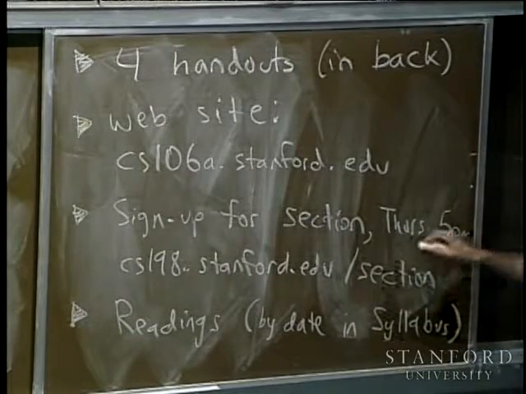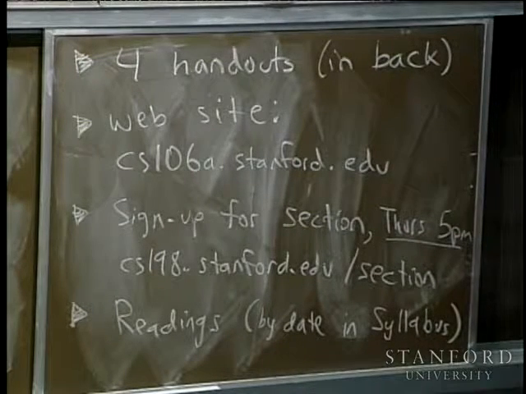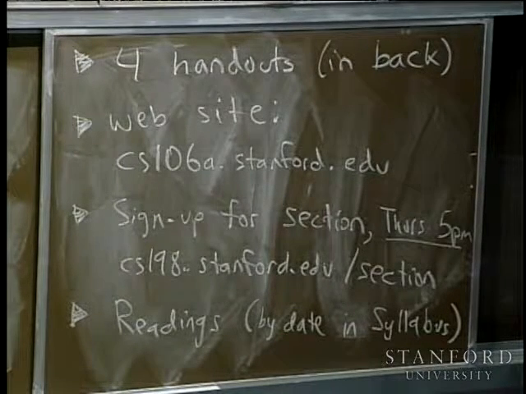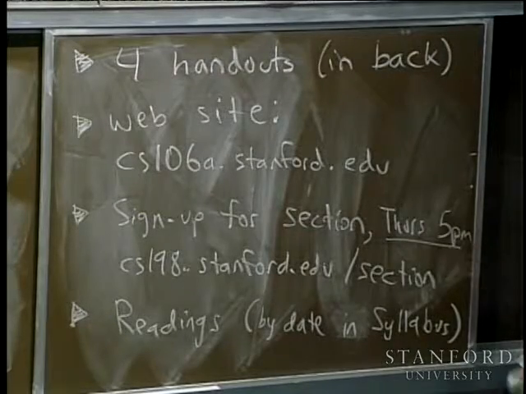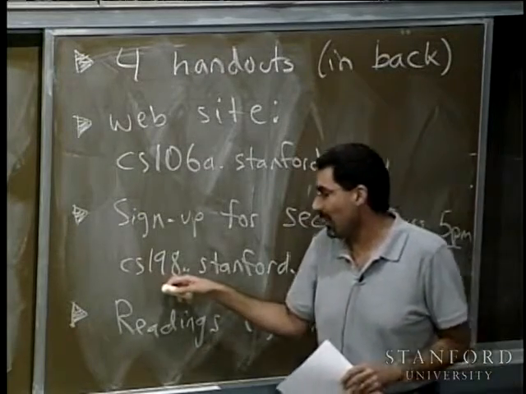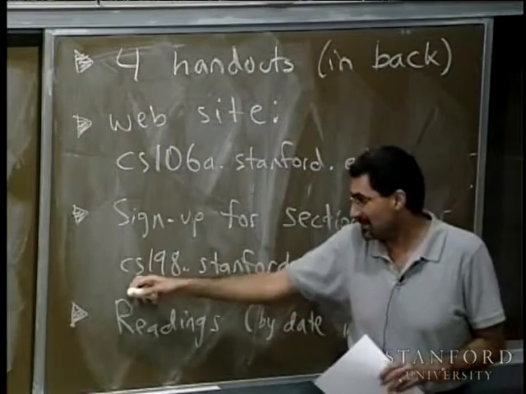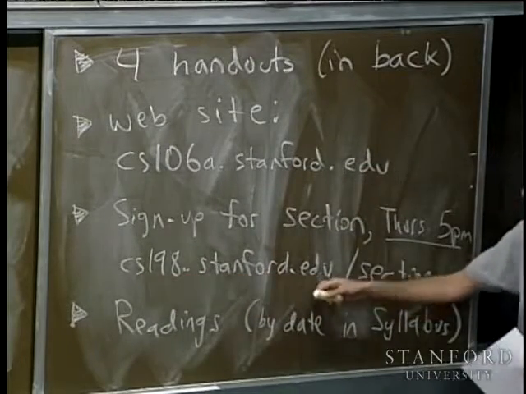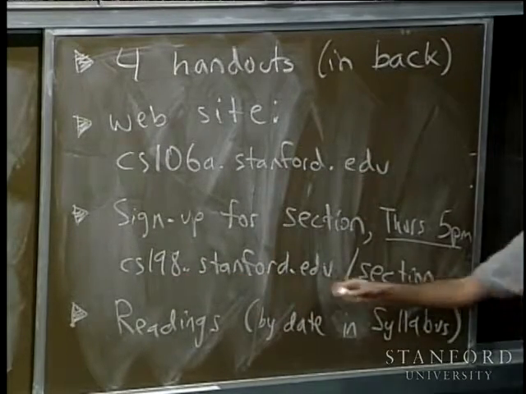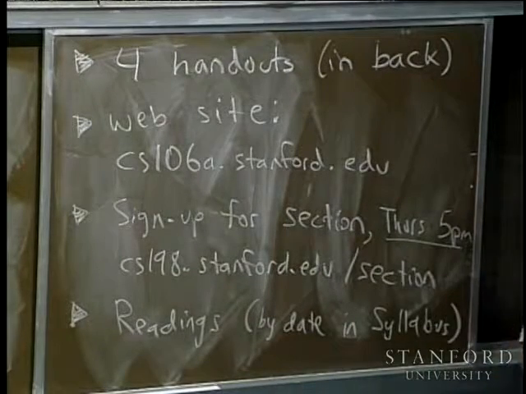As we mentioned last time, section sign-ups start tomorrow, 5 p.m. Sign up early if you want the most flexibility in terms of time, because look around, there's a whole bunch of people in this class. It's going to fill up quickly. So if you have constraints, sign up quickly. The place you sign up is CS198, not CS106A, at cs198.stanford.edu/section. The 198 folks lovingly run all of the sections and coordinate the whole program.